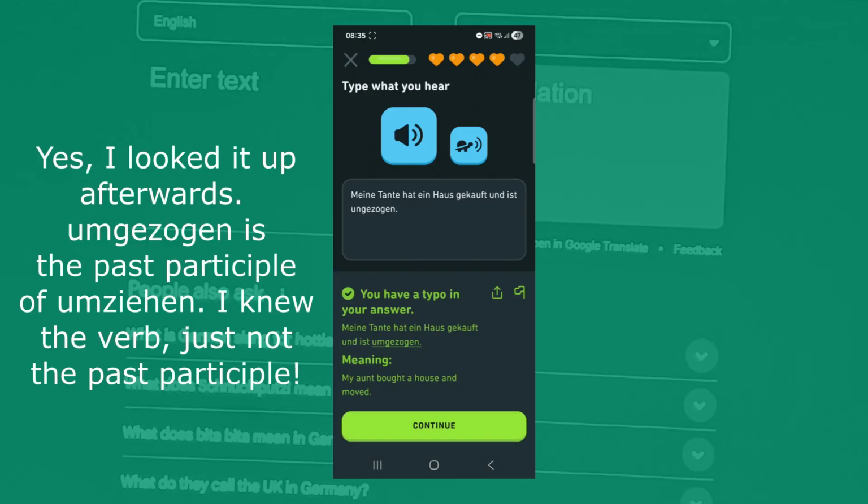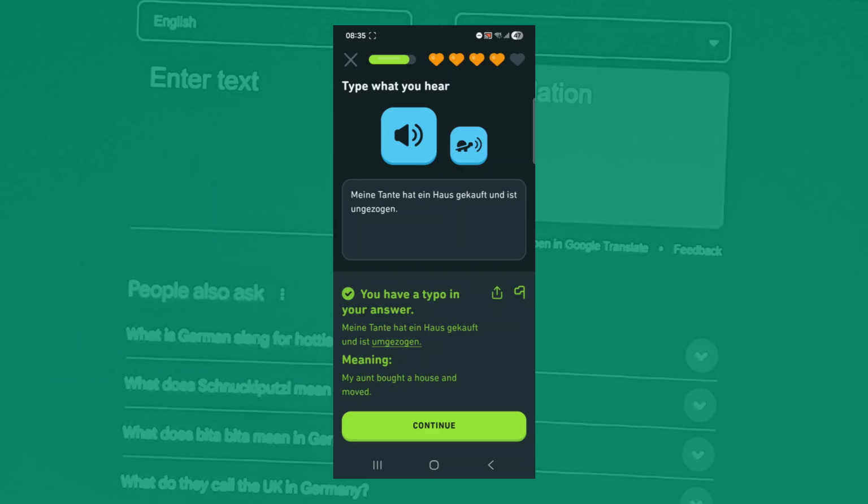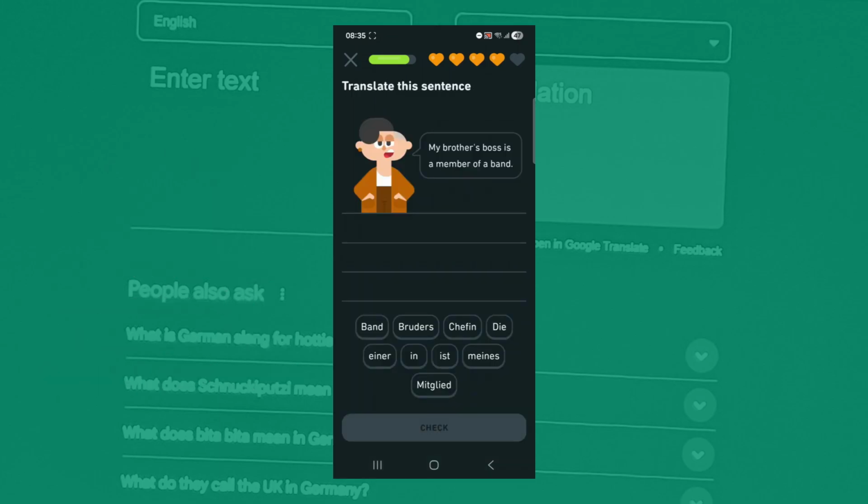Umgezogen. Okay, so what's umgezogen? Umzogen. I thought umziehen was... Let's just write umgezogen.